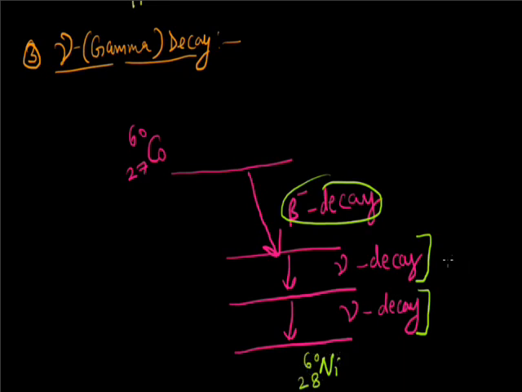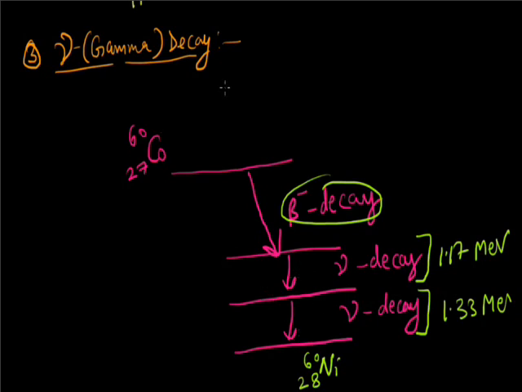The energy of the photon will be equal to the difference of two different energy levels of the nucleus. So first we are getting 1.17 mega electron volts and then 1.33 mega electron volts. It is the de-excitation of the nucleus.